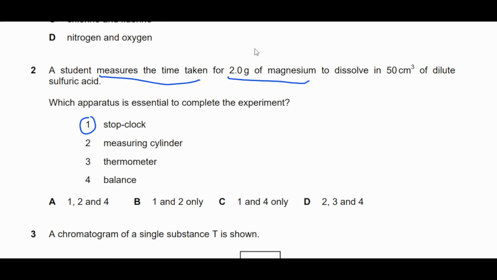You need to measure out 2 grams. How do you measure out a solid mass? Using a balance. To dissolve 50 cm3 of dilute sulfuric acid, how do you measure 50 cm3? You use a measuring cylinder. So the essential apparatus is 1, 2, and 4. The answer is A.